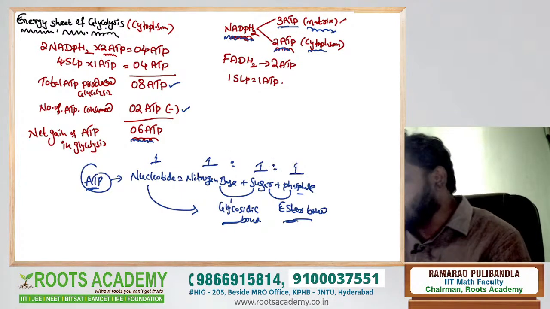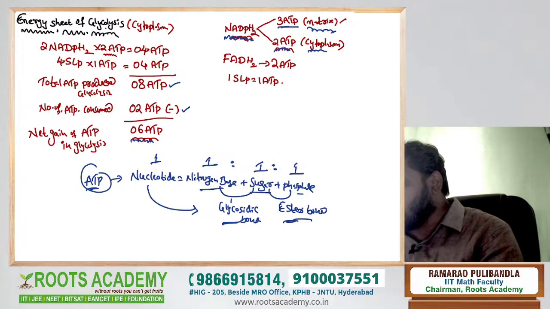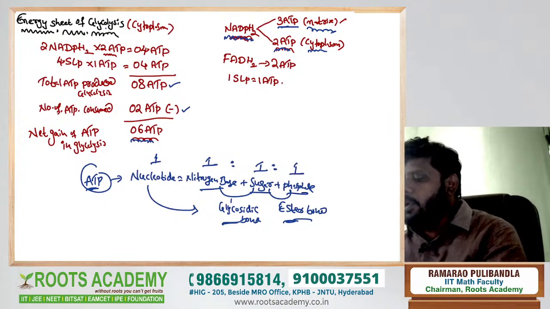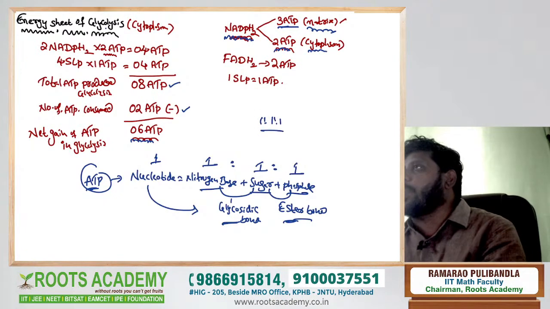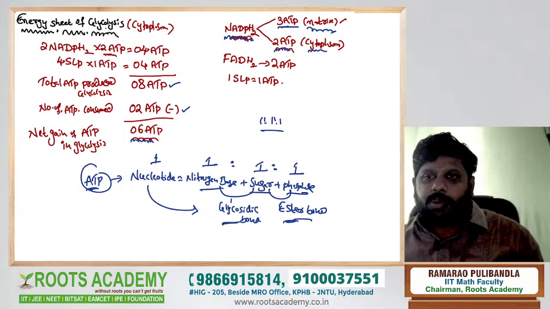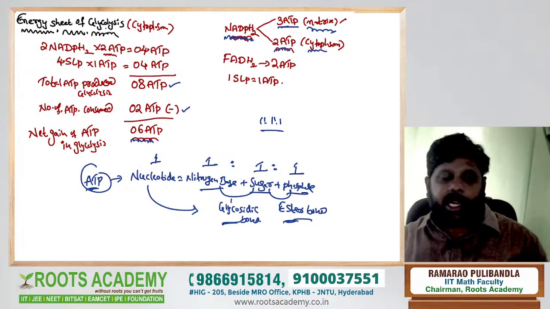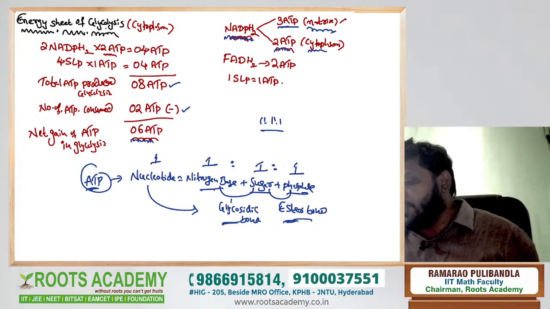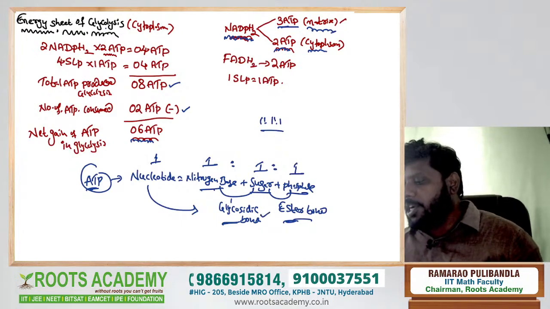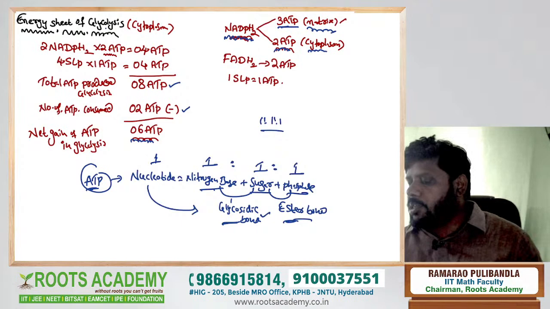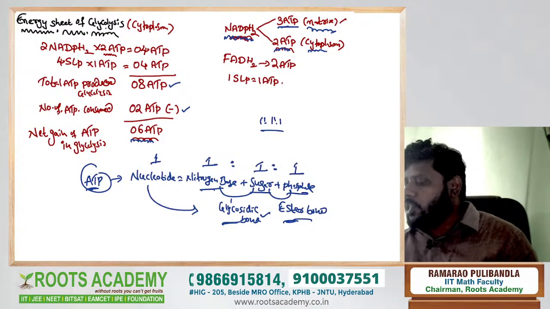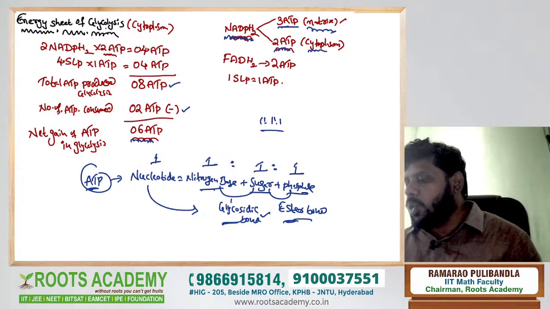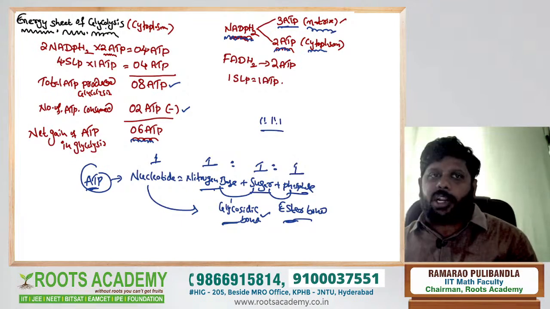So the ratio of nitrogen base, sugar and phosphate is 1:1:1. Between the nitrogen base and sugar, the glycosidic bond is present; between the sugar and phosphate, the ester bond is present.